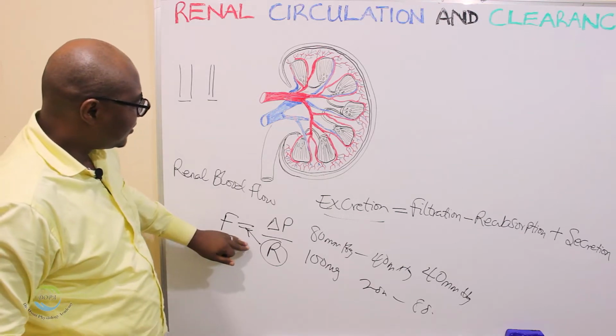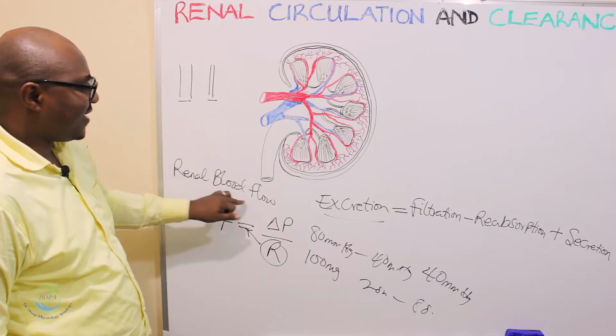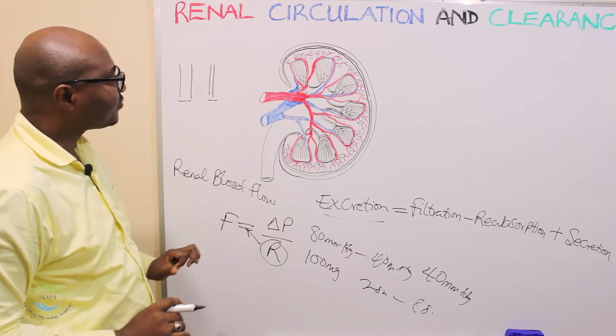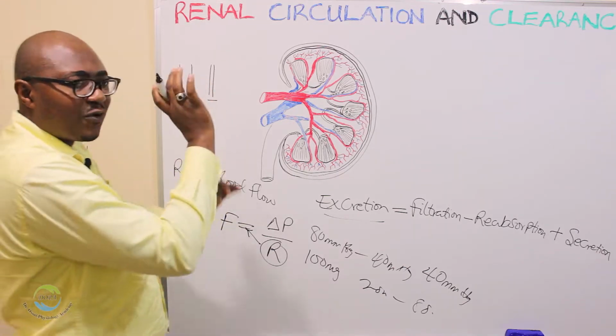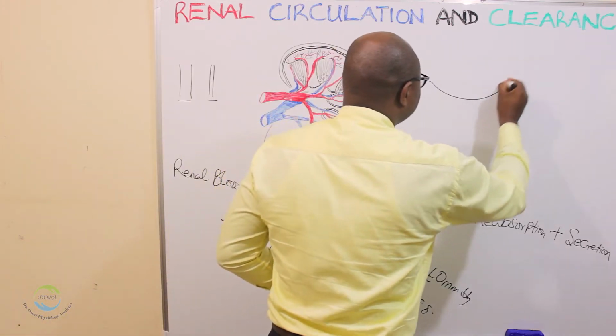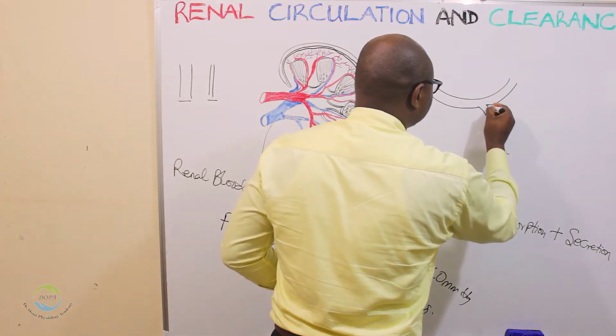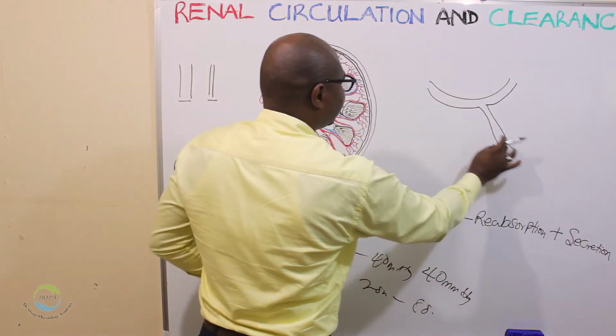But now, let's look at how this affects renal blood flow from this understanding. Now, the functional unit is the nephron, okay? The nephron is like this. This is the Bowman's capsule, okay? And this is the tubule.